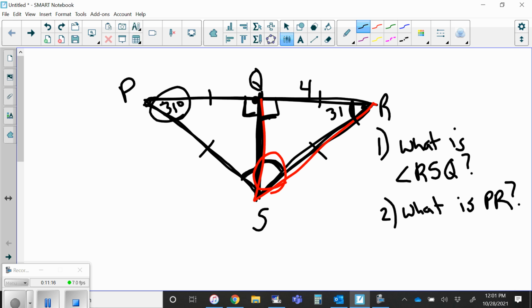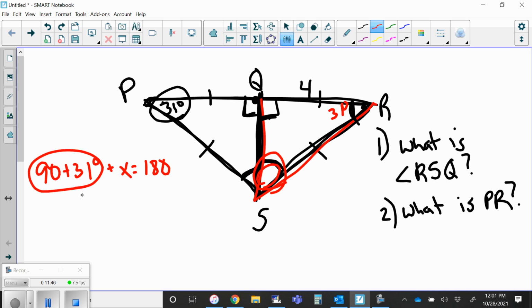Why? If you look at the big overall triangle, the base angles have to be the same. So if I know that's 31, then what am I going to do? 90 plus 31 plus, we don't know, so we'll just use x equals 180.